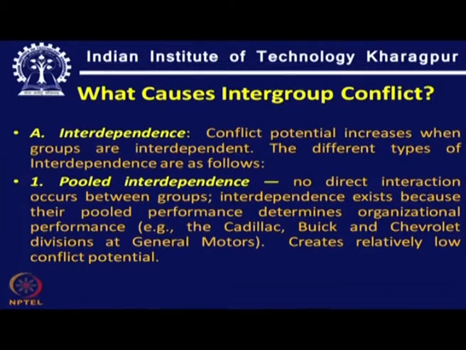Interdependence may be of various natures, and broadly it is classified under three headings: pooled interdependence, sequential interdependence, and reciprocal interdependence.